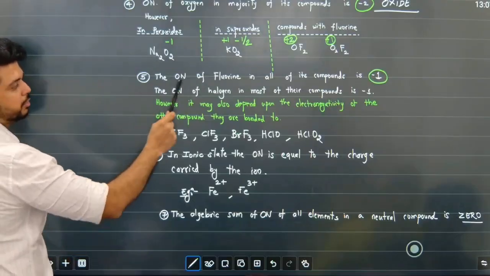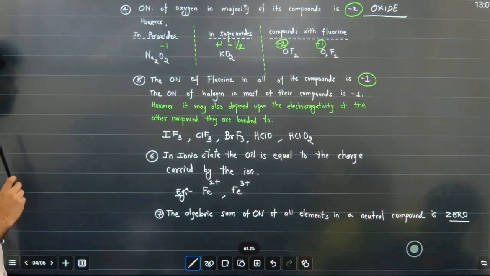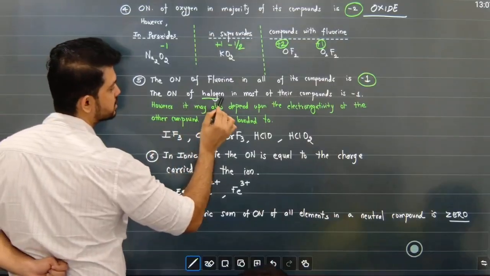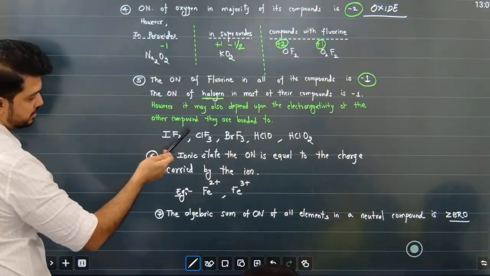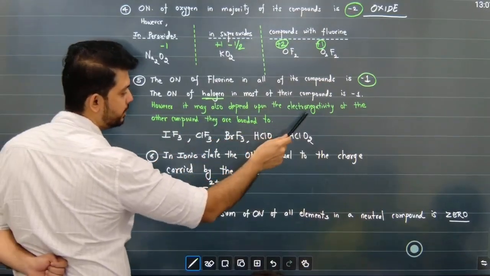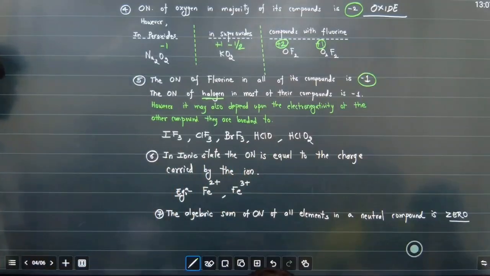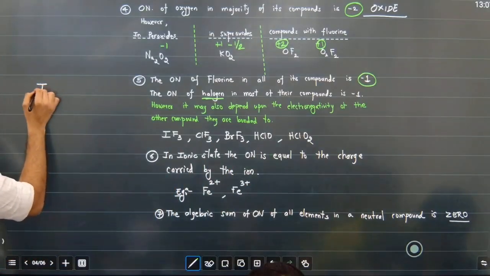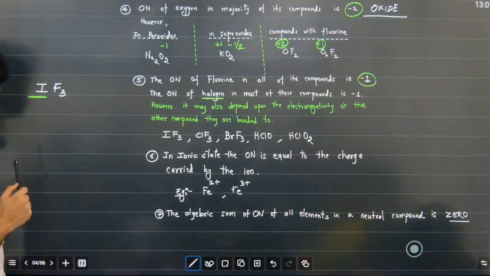The oxidation number of fluorine in all of its compounds is -1. But if I look at other halogens, which are the other halogens? Cl, Br and I. Their electronegativity depends on which is the other element they are bonded to. What does that mean? Let's say I consider IF3. I want to know the charge on iodine.